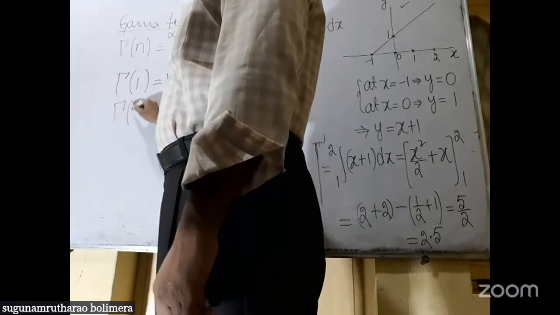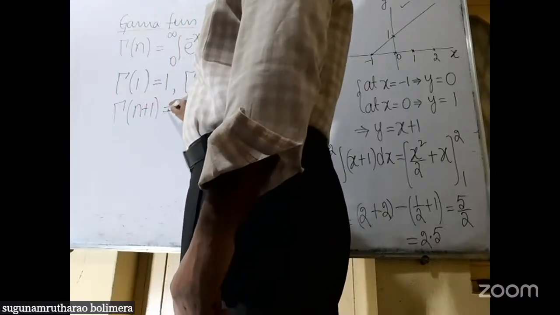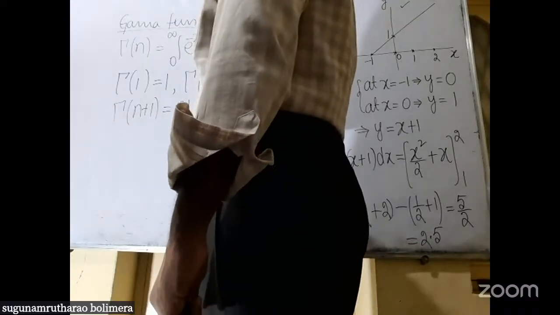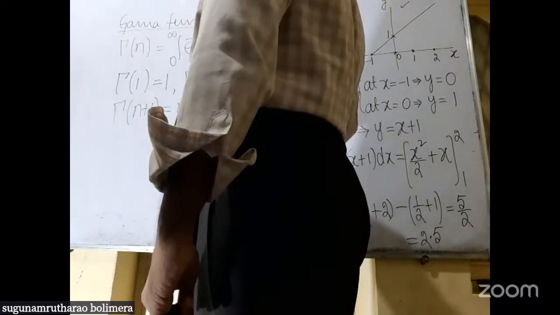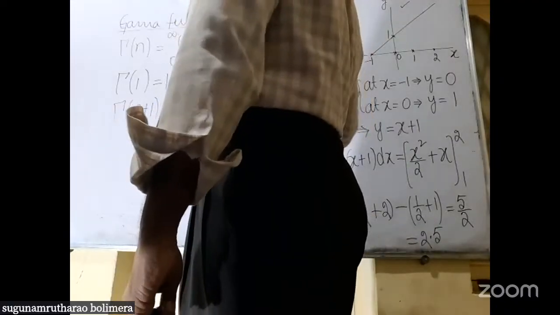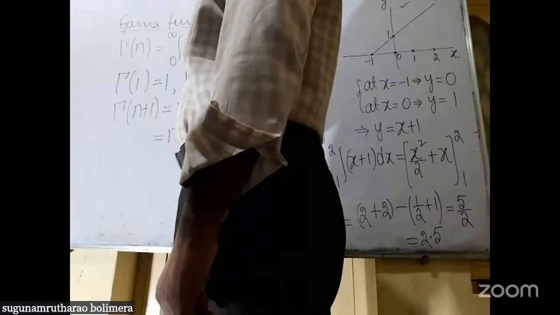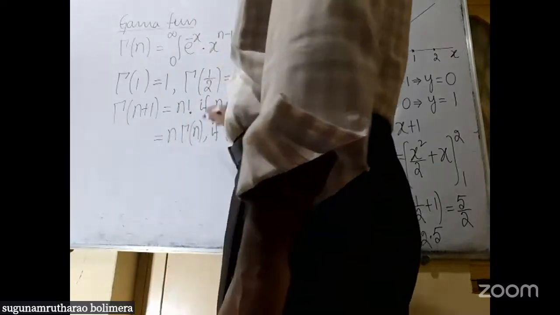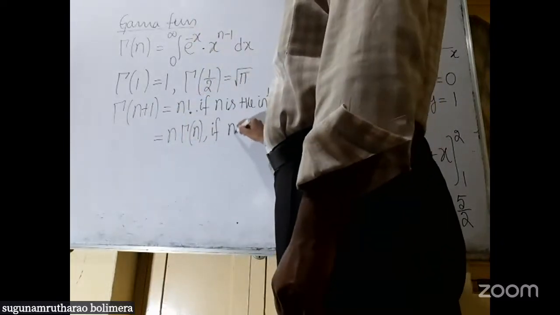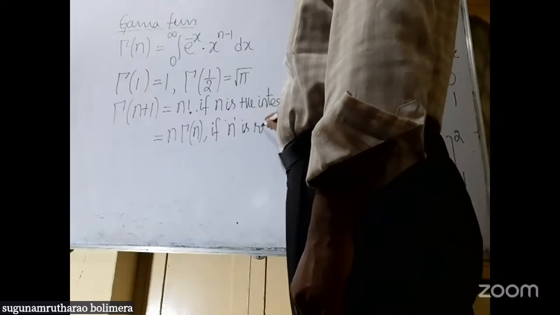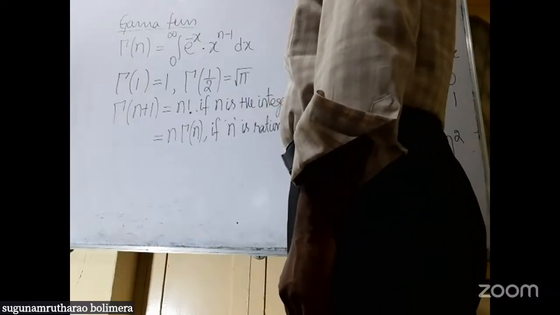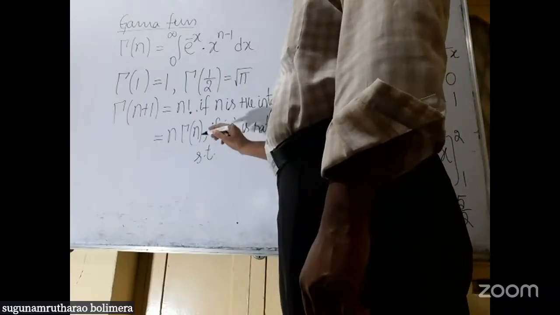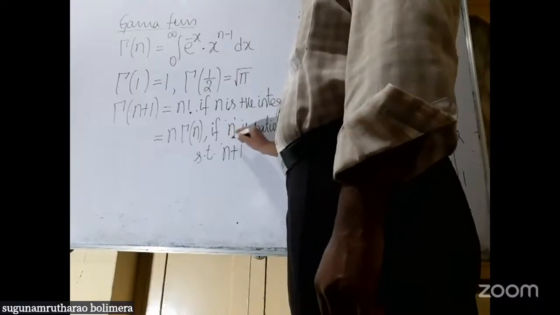And gamma of n plus 1 equals n factorial if n is a positive integer, and this equals n into gamma of n if n is rational such that n plus 1 is positive.